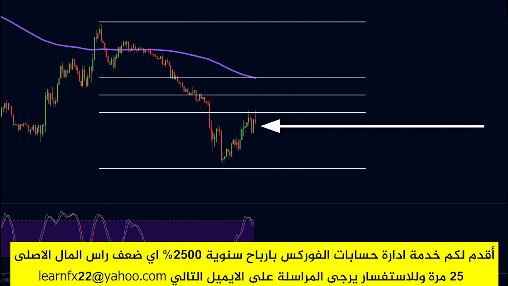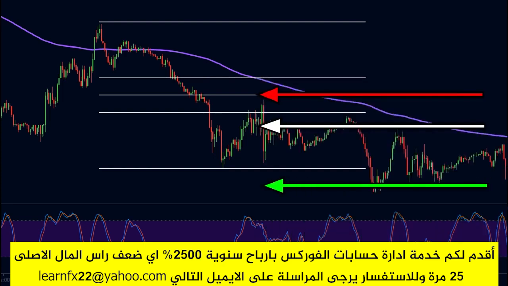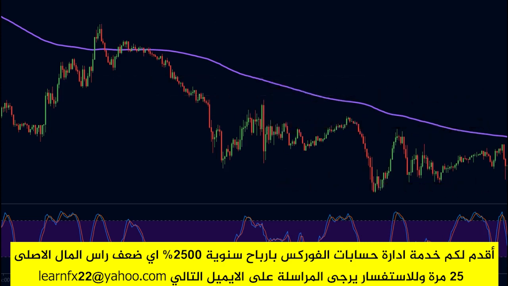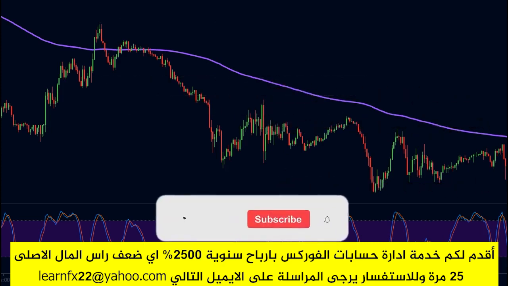So, we sell here and keep our stop loss above this retracement level. We will keep our targets at 1.5:1 risk to reward ratio. As you can see, the price did come close to our stop loss here, but it immediately reversed and gave a strong down move. This brings us to the end of this video.